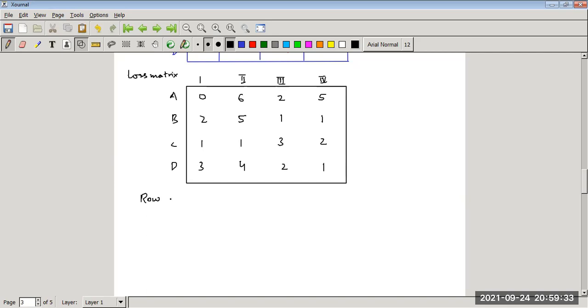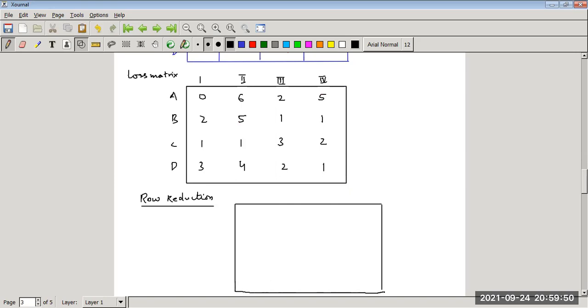Now we use the same process, row reduction. What is row reduction? We choose the minimum element of each row and subtract that from all the elements of the respective row. So first, because 0 is the minimum, the first row remains the same, 0, 6, 2, 5.